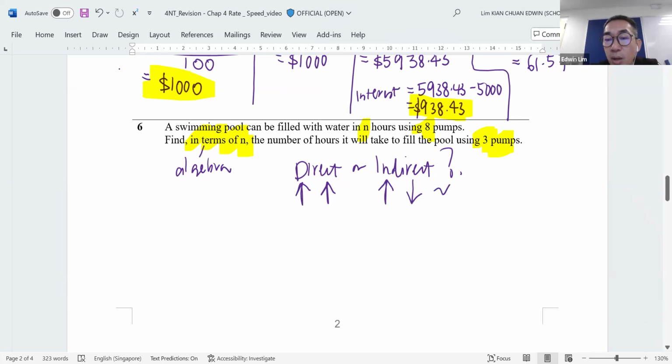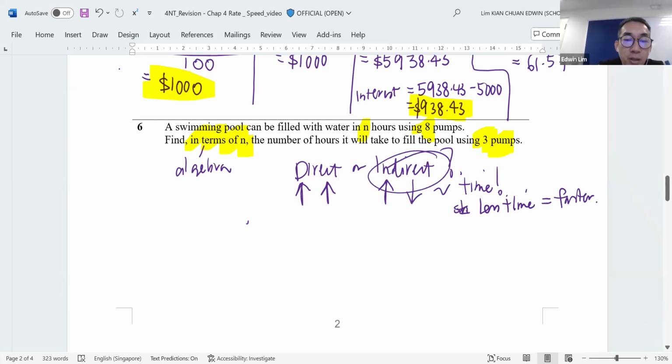This indirect is not really talking about time, because less time means faster. So looking at this question, it is actually indirect proportion.